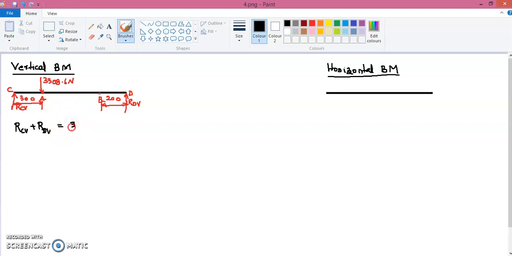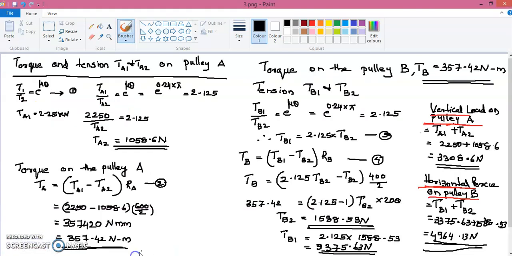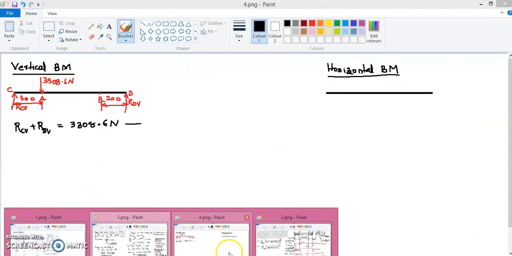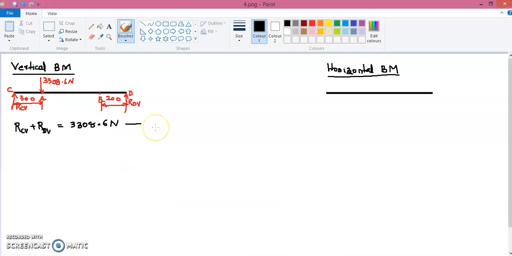We are having this downward force as 3308.6 Newton. So this is equation number, in the previous slide we have seen the last equation, it is 4. So I'll write this equation as 5.